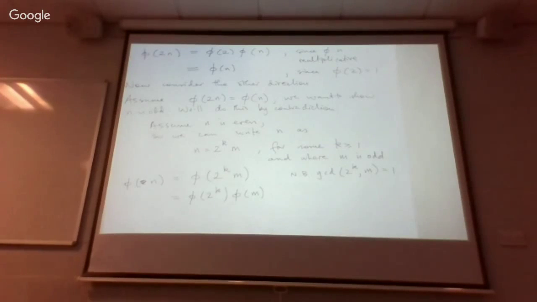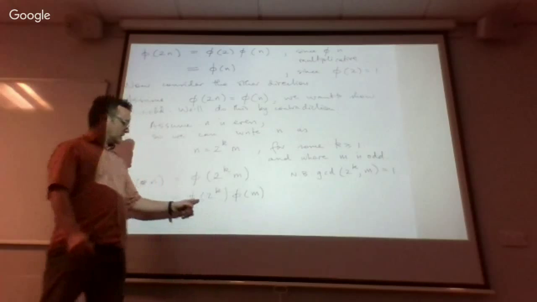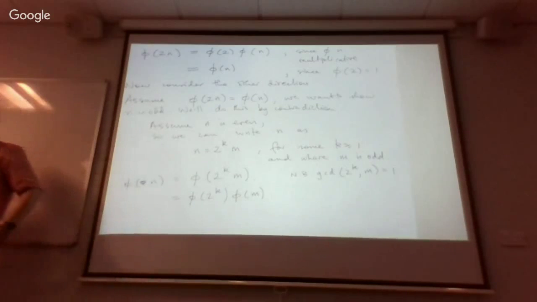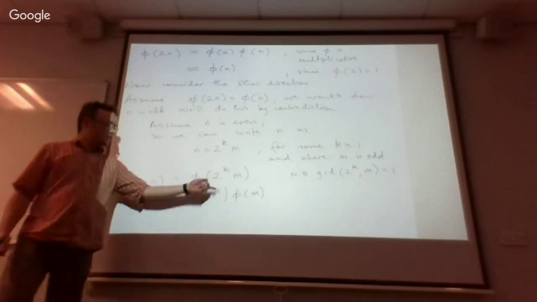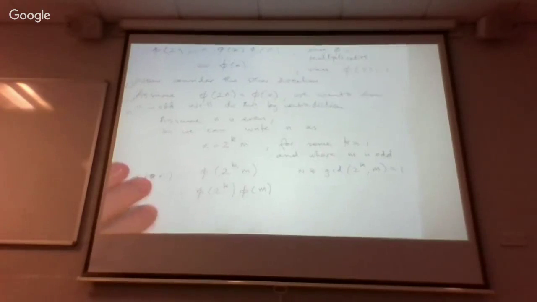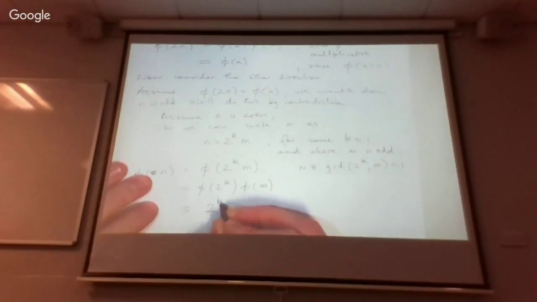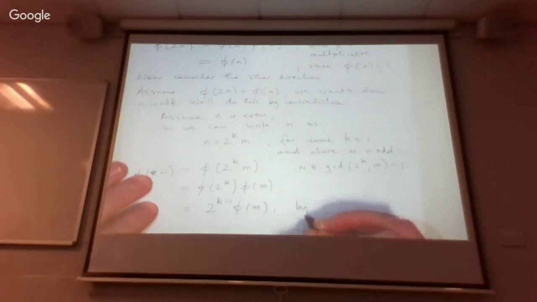Now, I don't know what m is. I can't simplify phi of m anymore, but I can certainly simplify phi of 2 to the k. I can use the product formula here. When you use the product formula on just a power of 2, you get 2 to the power k minus 1 times phi of m. So that's by the product formula for phi.